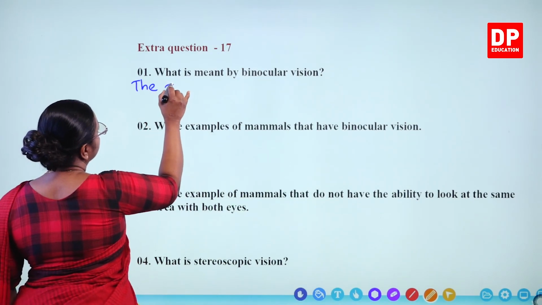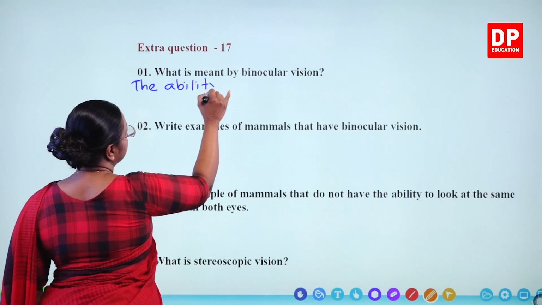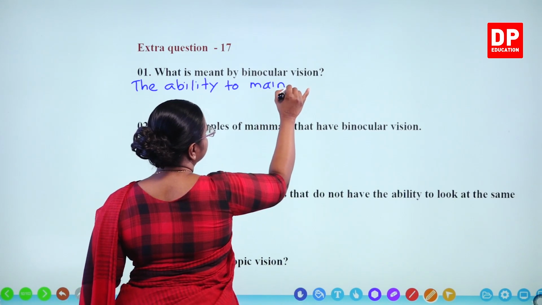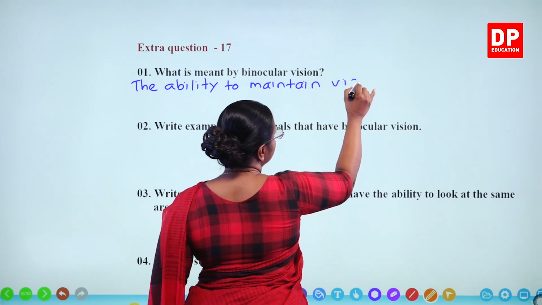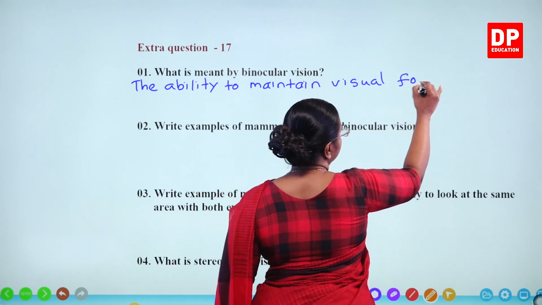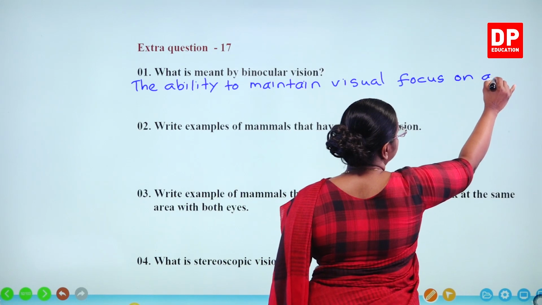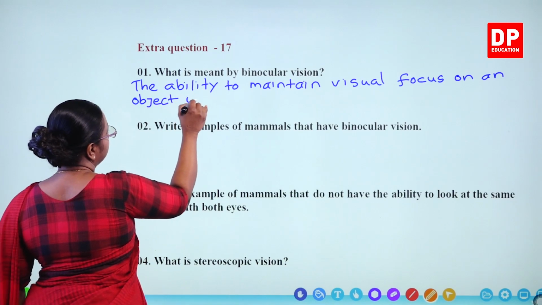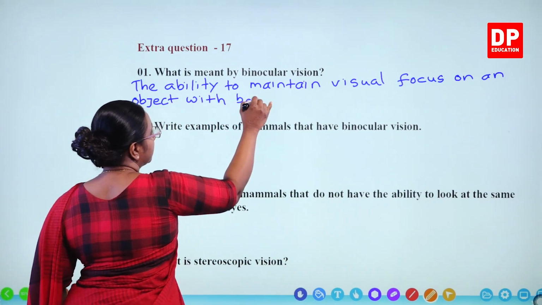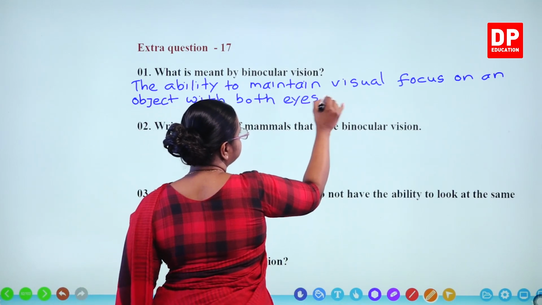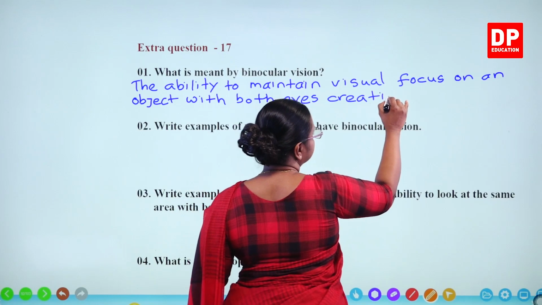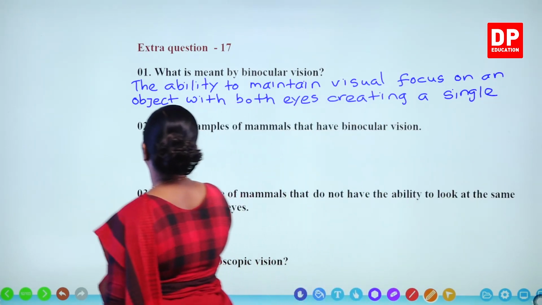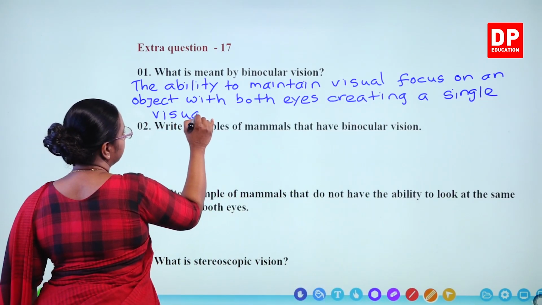the ability to maintain visual focus on an object with both eyes, creating a single visual image.